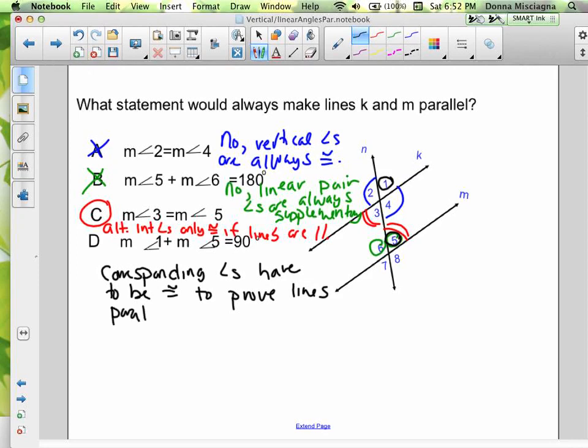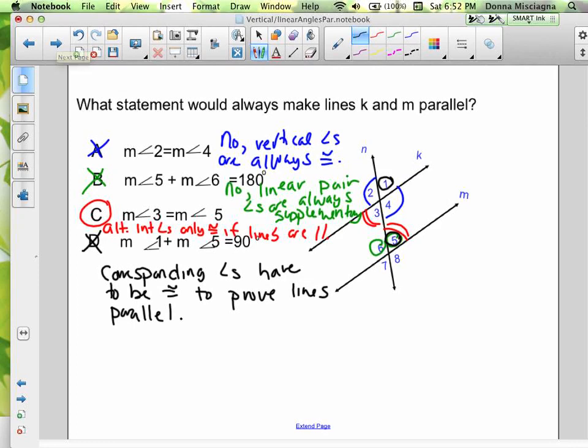Adding to 90 just means you're complementary. So adding to 180 is supplementary, adding to 90 degrees is complementary, and that does not prove our lines are parallel, because we would have to know we're congruent, because those are corresponding angles. But if your alternate interior angles are congruent, your lines have to be parallel.